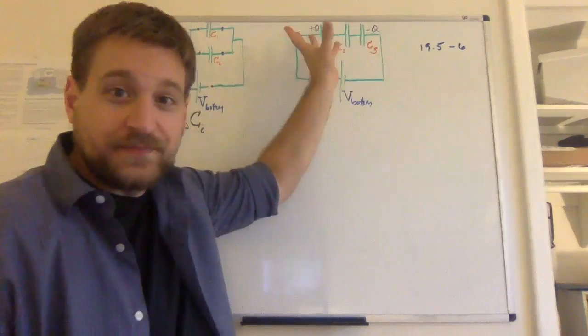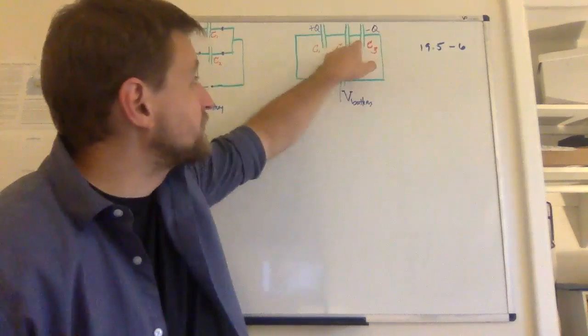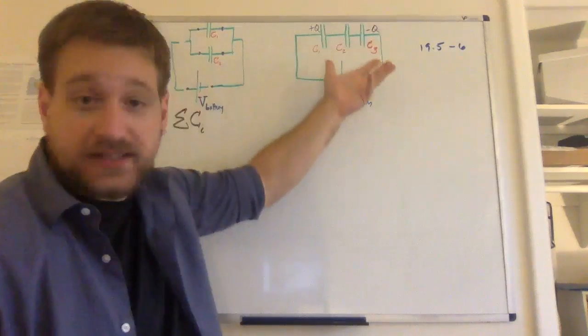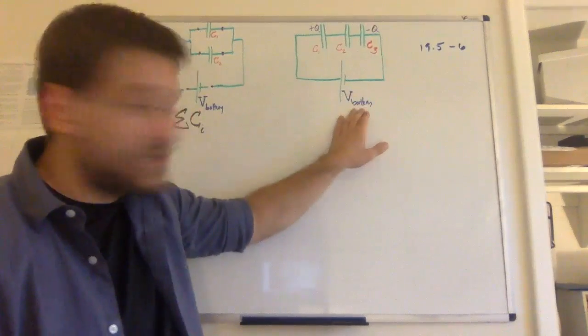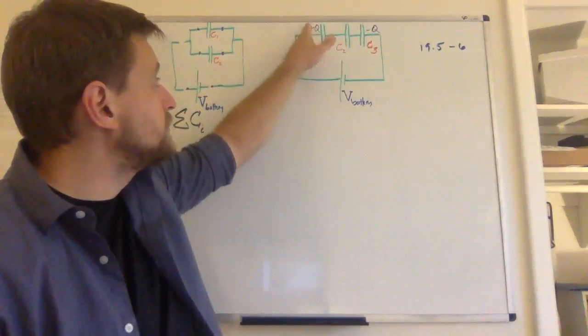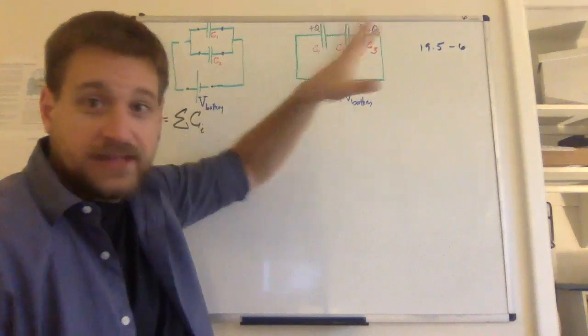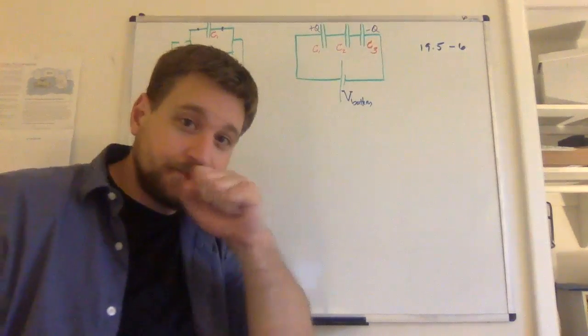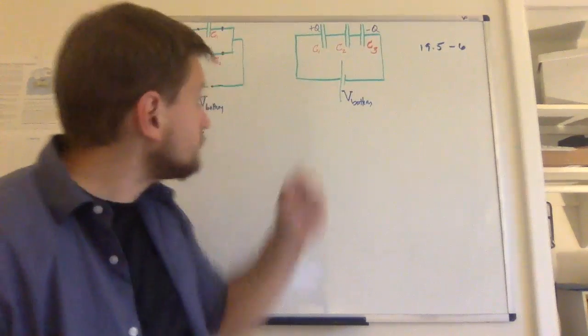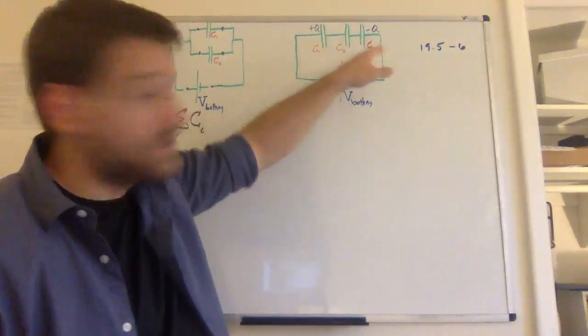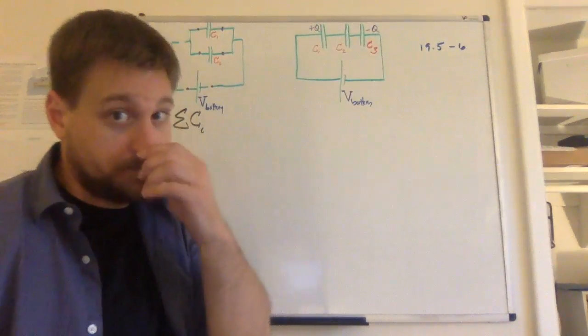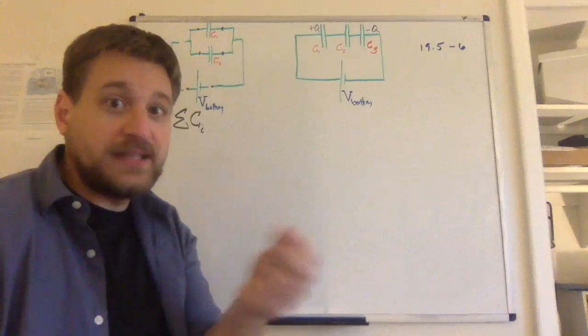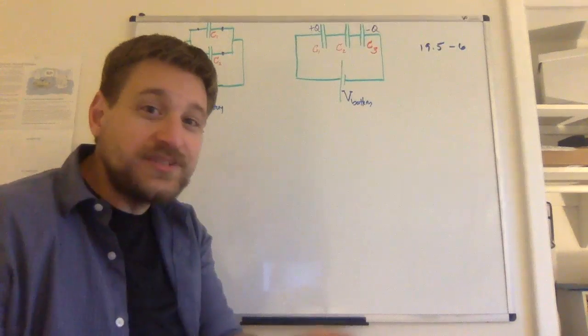We can't just take extra charges from here. We're stuck. If the battery is strong enough to put a charge Q here, that's the end of it. But this all is still conductive. And that means that we can get an induced charge.